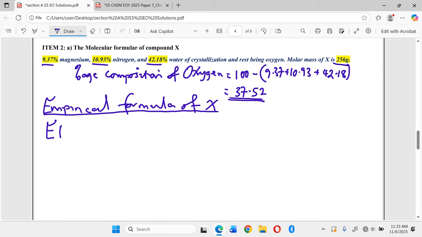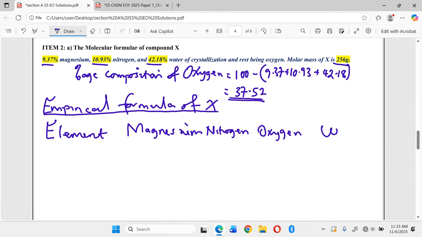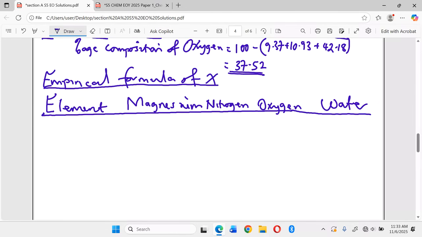How do we get the empirical formula of X? We can draw our table. We say element. Which elements do we have? We have magnesium. We have nitrogen. We have oxygen. And we have water. So we can have that, and then we can draw our lines very well.